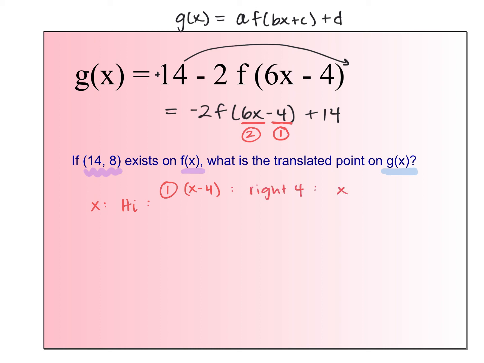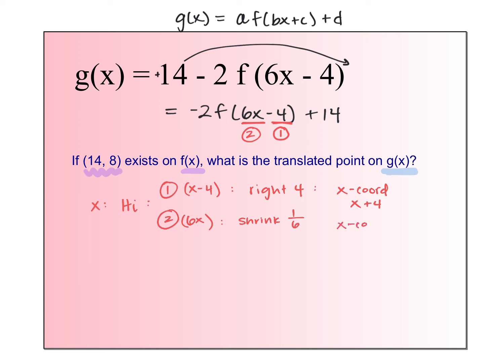Which means my x coordinate needs to add 4 if I'm moving it to the right. This 6x on the inside is going to shrink my function horizontally by the reciprocal, a factor of 1/6.